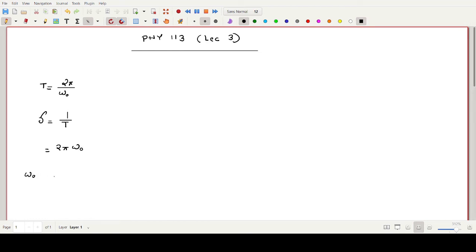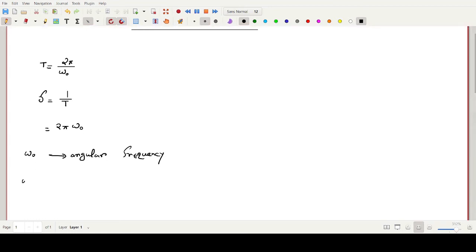This term omega naught is called angular frequency, which for a mass spring system can be written as root over k by m.